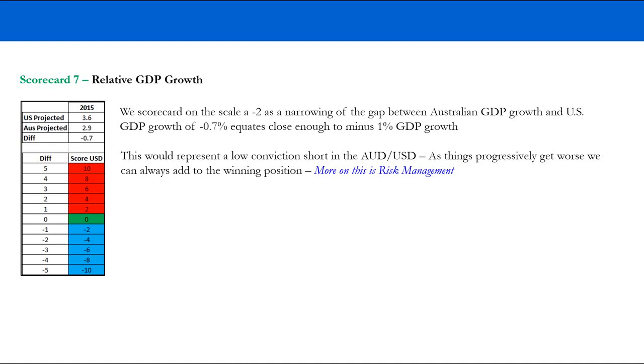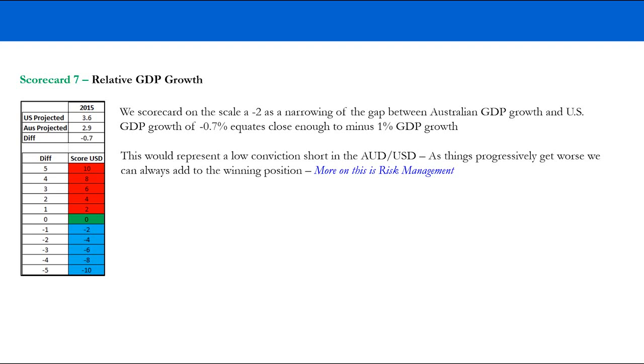So there's a narrowing of the gap between expected GDP growth in Australia and expected US GDP growth of -0.7%. So this equates close enough to our -1% GDP growth, which is on this row here. And this would pretty much represent a low conviction short in the instrument, Aussie dollar, US dollar. As things progressively get worse, we can always add to this winning position.